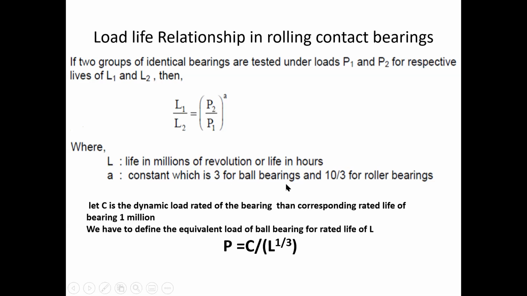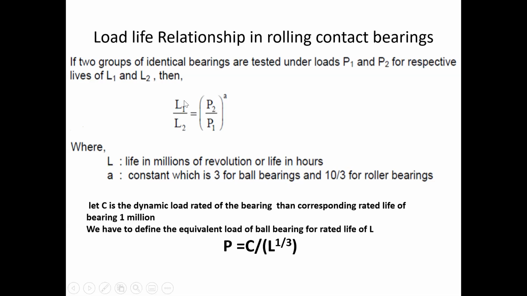So we can convert this, if we are considering P2 is equal to P and L2 is equal to L and P1 is equal to C, then L1 should be, because the rated life corresponding to the dynamic load capacity C is equal to 1 million.